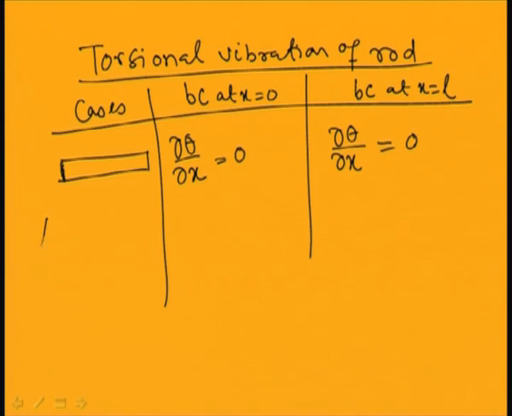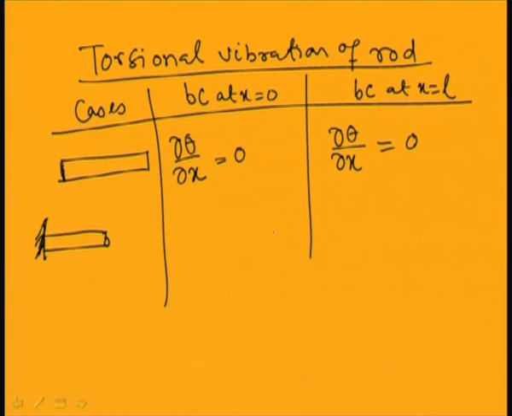If it is fixed, in case of a fixed rod, let the rod be fixed at the left end. In that case the displacement, that is the rotation, will be 0.